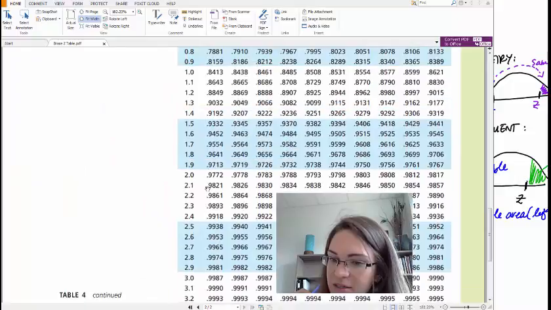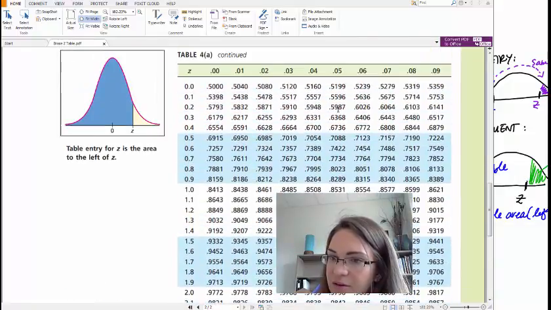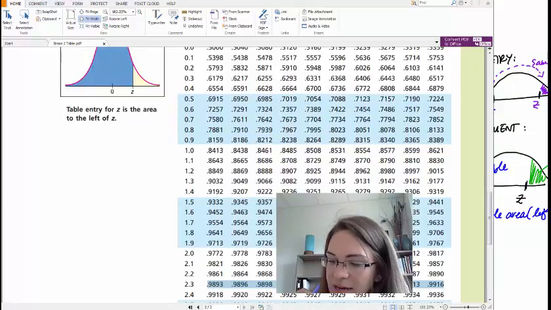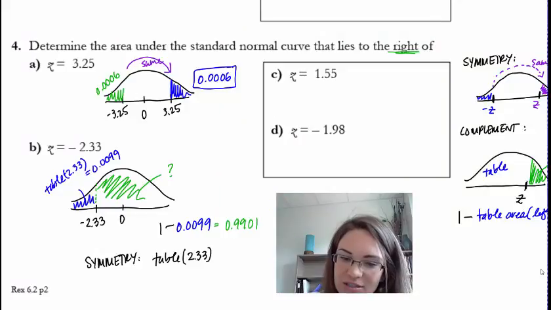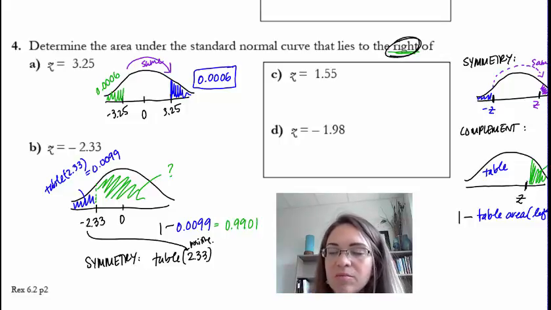Positive 2.3 is here, and 3, this column, 0.9901. So that was a direct read from the table, but I had to change the sign from negative to positive to read it from the table because I was looking for area to the right. So understanding what your table gives you and what you want is really the key here.